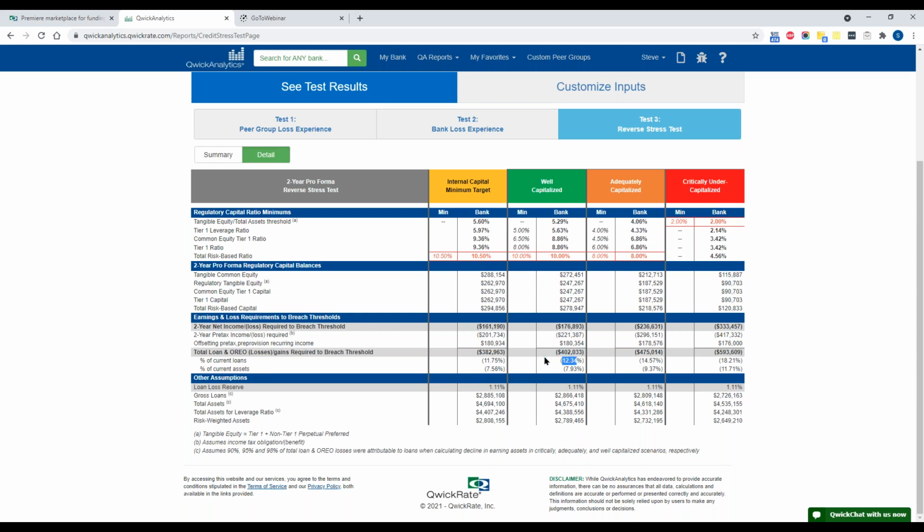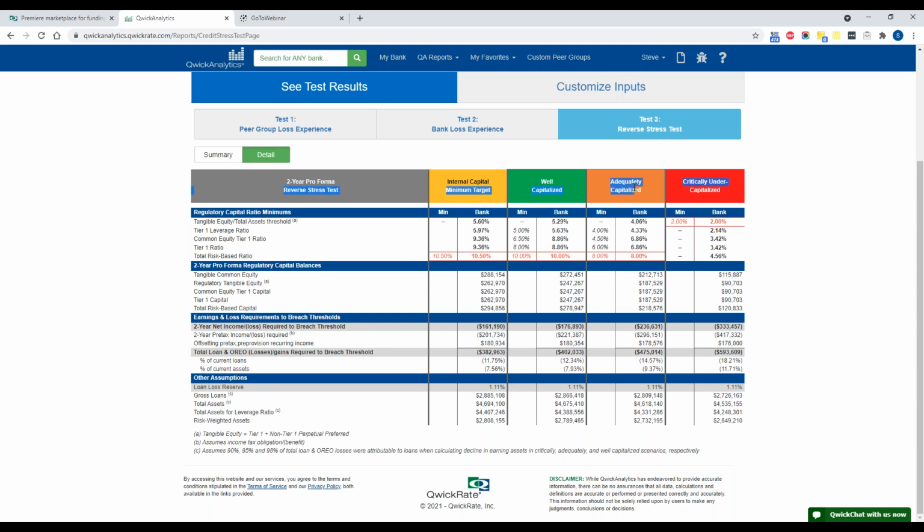So they would need to charge off 12% of their portfolio over the next 2 years total, so 6% a year for 2 years, in order to no longer be well capitalized, in order to drop below 10% total risk-based ratio. Once they hit 10%, they're still well capitalized on the other ratios, but that doesn't matter because they no longer have 10% total risk-based capital. So that's how we solve for that.